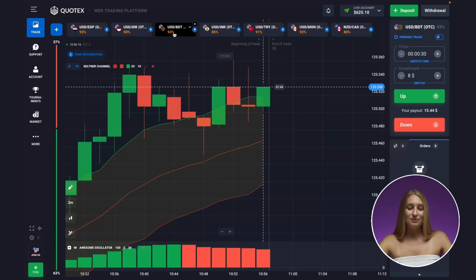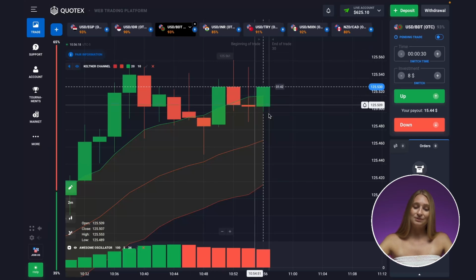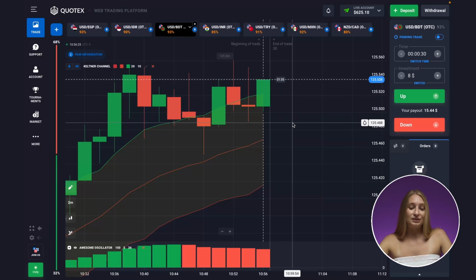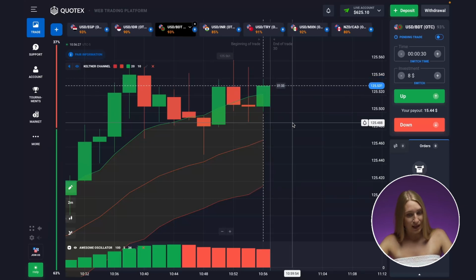Use the Awesome Oscillator to confirm the trend direction. If the Awesome Oscillator shows positive values and increasing momentum, it can confirm an uptrend. If the Awesome Oscillator is showing negative values and downward momentum, this may confirm a downtrend.